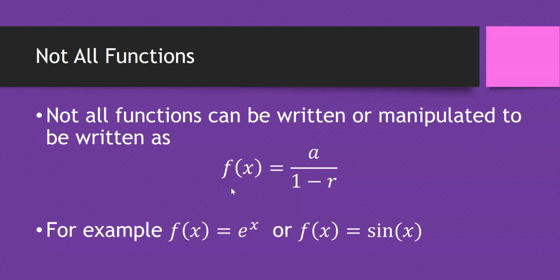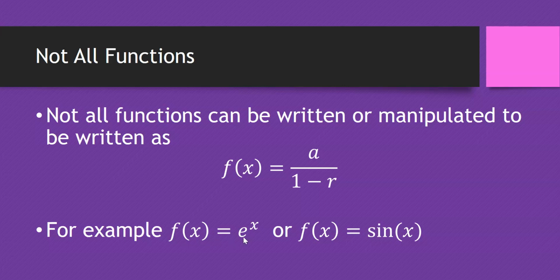Well, not all functions can be rewritten as a over 1 minus r. Or not all functions can we have a derivative become a over 1 minus r, or an antiderivative become a over 1 minus r. So for example, something like e to the x.